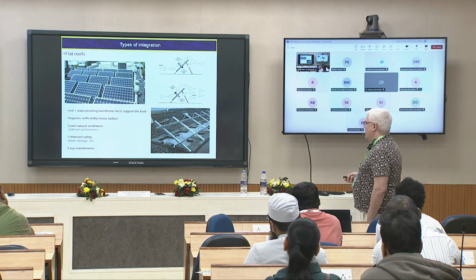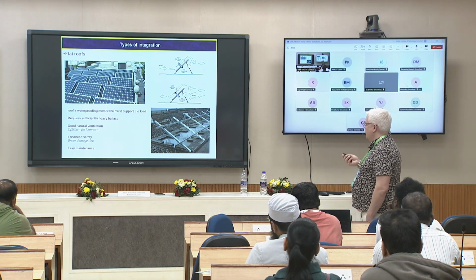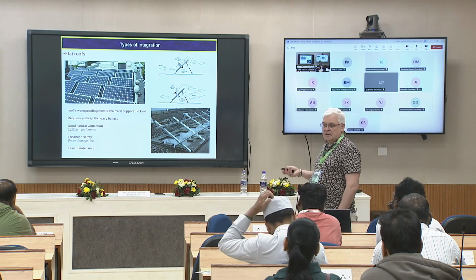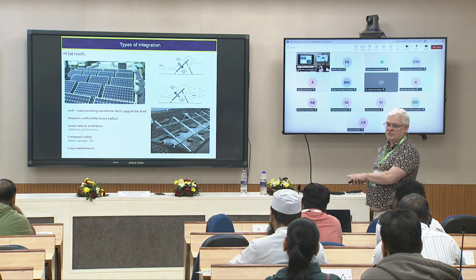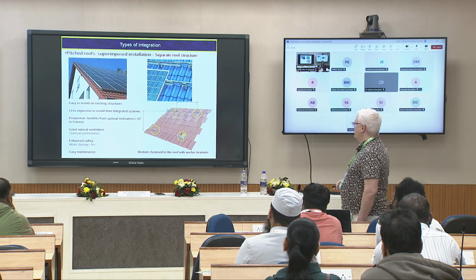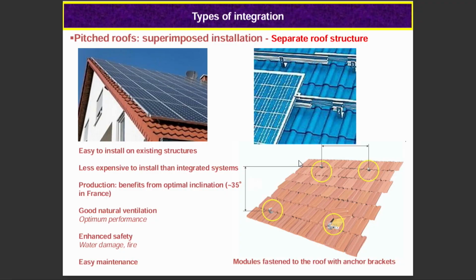So the performance is more interesting, and also the access is easier for maintenance than if it is fully integrated in the roof, for example. Okay, the problem that you can have is that you can also make some holes in the existing étanchéité, the waterproof layer.